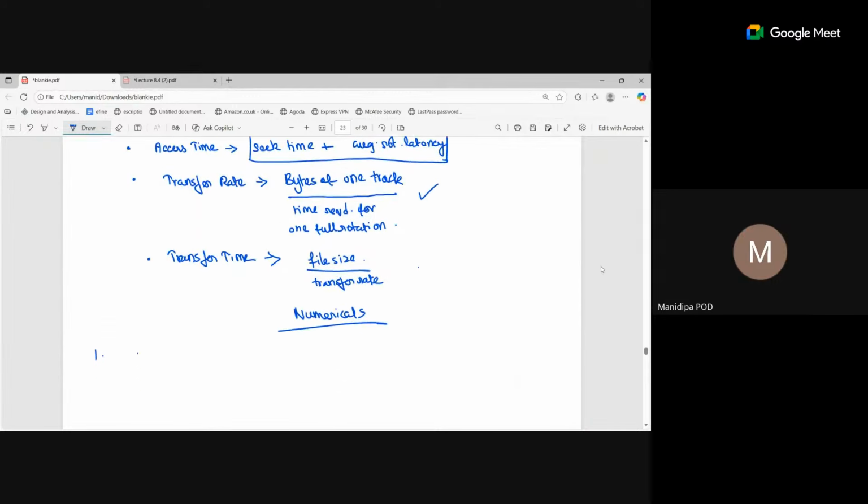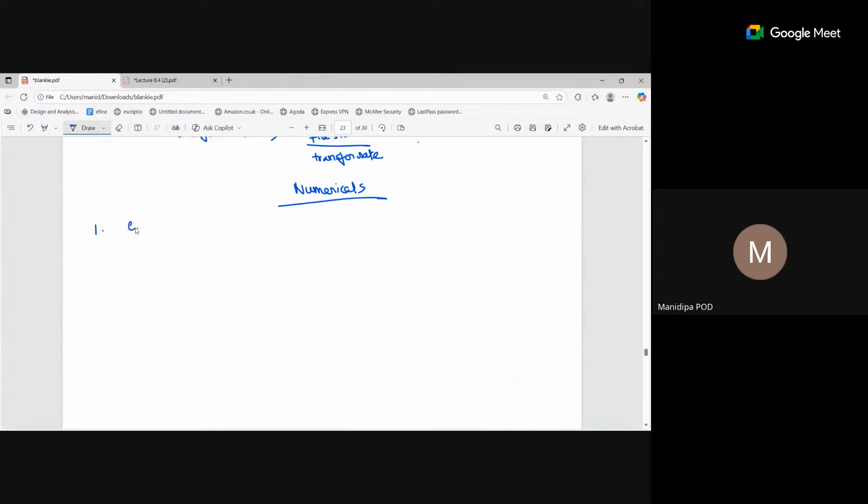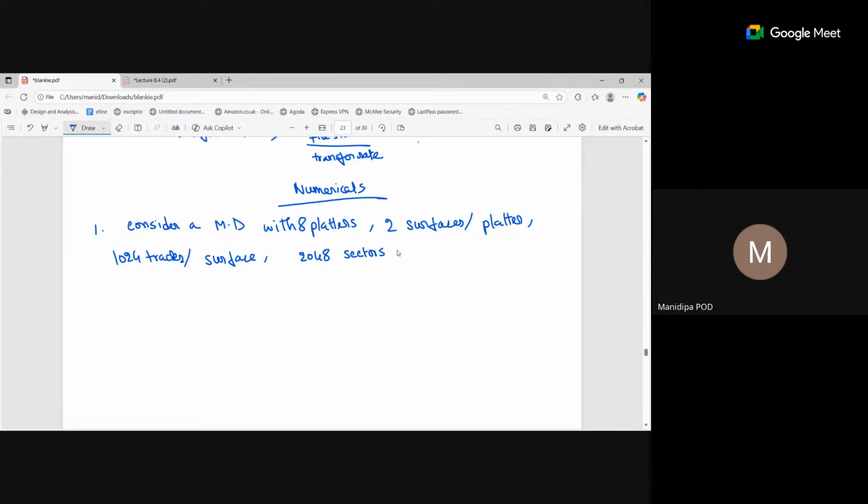Okay, so first question. Consider a magnetic disk with 8 platters, 2 surfaces per platter, 1024 tracks per surface, and 2048 sectors per track, and each sector can store 512 bytes.